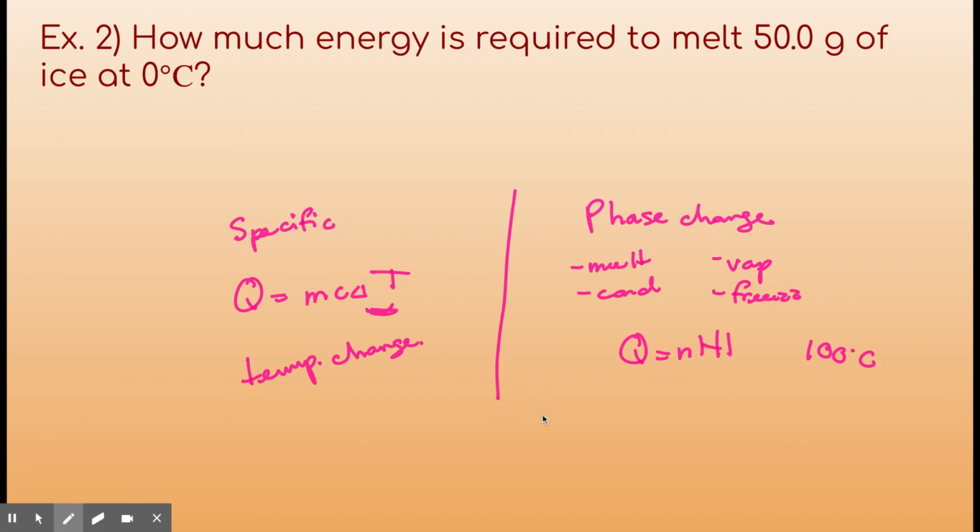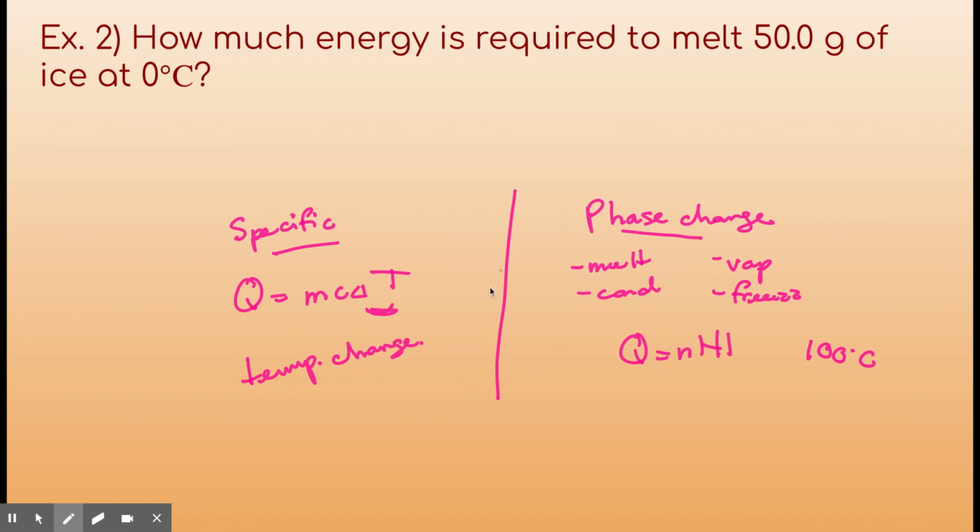Once that phase change, that melting, was finished, then the temperature would actually start increasing because it was warming up, but not until that phase change occurs. Okay, so that's the difference between your two water problems that you are going to get.